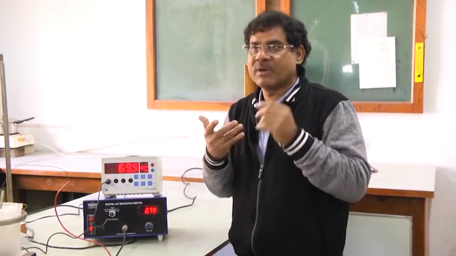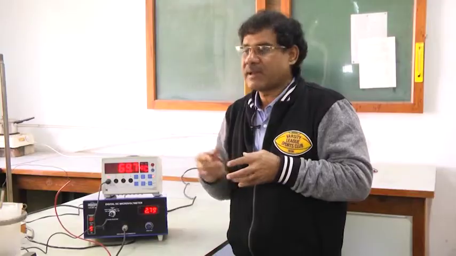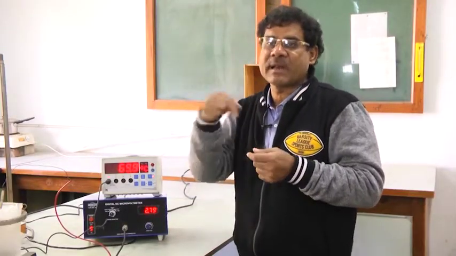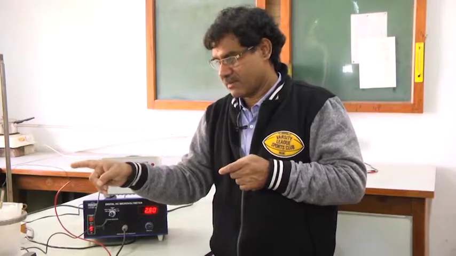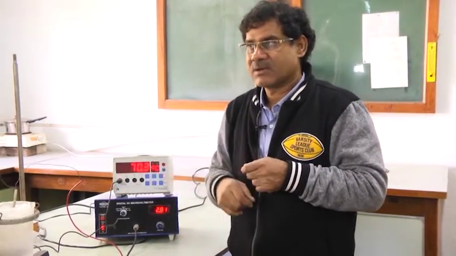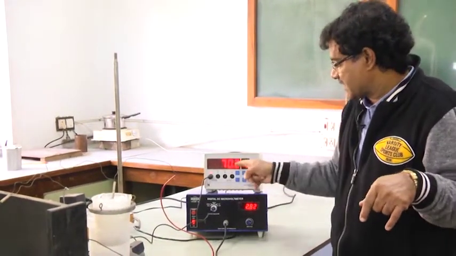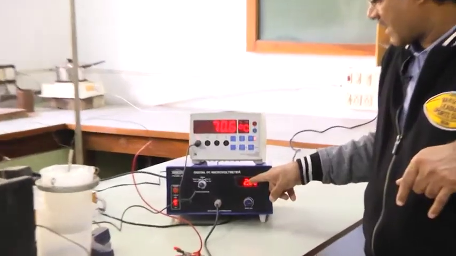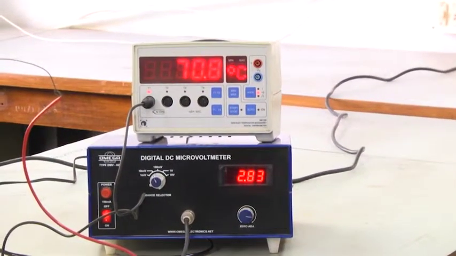Okay. So after finding out this Seebeck coefficient or calibration factor, generally we use it to measure an unknown temperature. Then you have to put the hot junction at the unknown temperature, but this reference junction has to be in ice. It's 70. So it's 2.8. You have to note down 2.8. Okay.